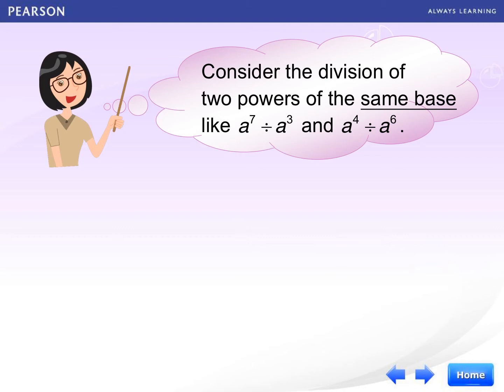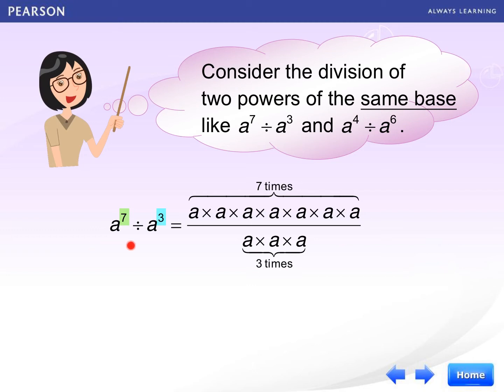How about division? Now consider the division of two powers of the same base, like this: a to the power 7 divided by a to the power 3, and a to the power 4 divided by a to the power 6. For a to the power 7 divided by a to the power 3, this is a fraction, a to the power 7 in the numerator and a to the power 3 in the denominator.